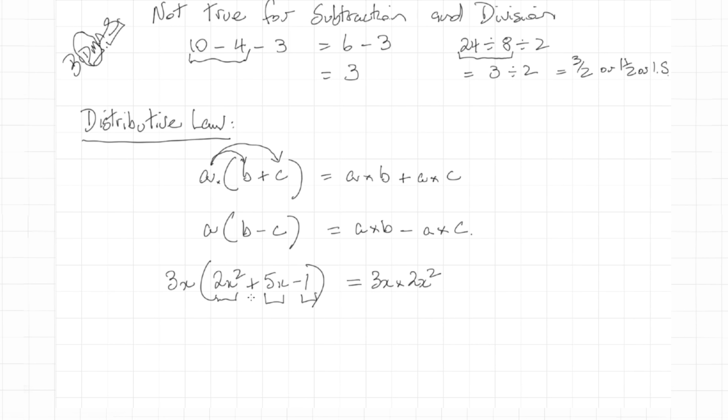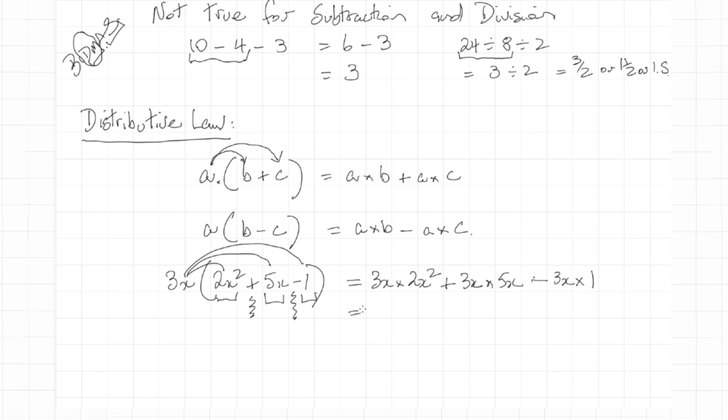We bring this plus across, and then we go 3x times 5x. So we multiplied that times the second one. And finally we do 3x times, now the sign that comes across is a negative, 1.